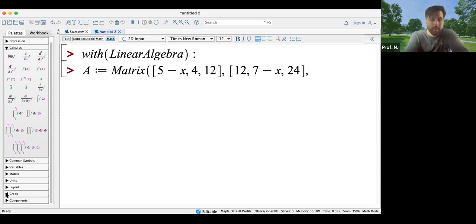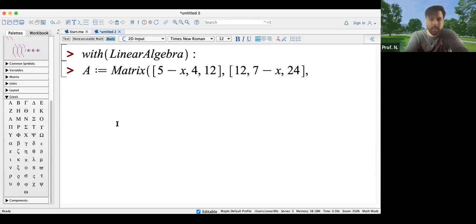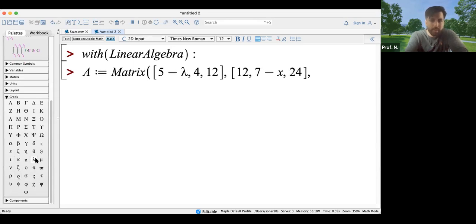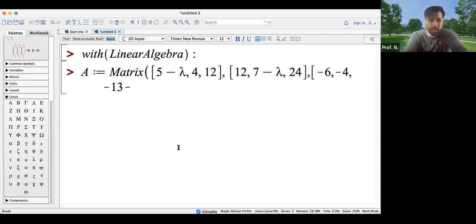Oh, they do have Greek. That's right. So I can use lambda, but I wonder if they use lambda as a variable as well. I think they will. Let's do lambda. It doesn't really matter. You could do x. Lambda's just the convention. And then this is -6, -4, comma -13 minus lambda. And then you close it.